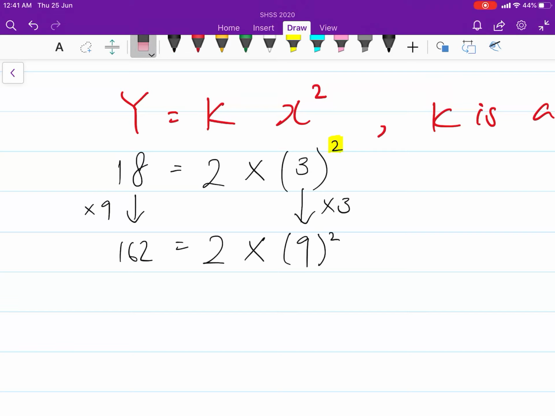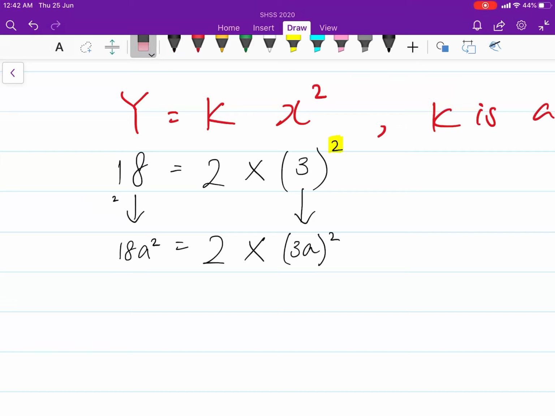But we know 9 is 3 squared. So basically, if I multiply x by a, this becomes 3a. Then here I must multiply by a squared to get 18a squared.